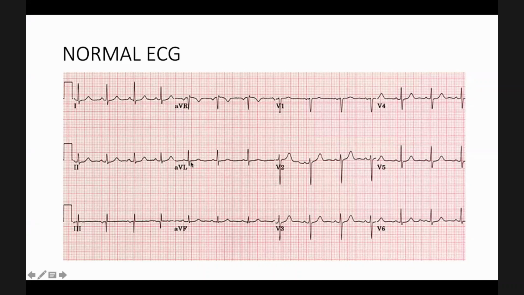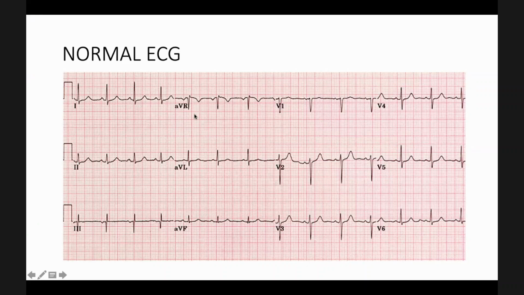In that situation you will see a positive deflection in AVR and a negative one in AVL. Sometimes people in the OPD send patients for admission because of this wrong limb lead placement. Because of these abnormal ECG findings, patients are getting admitted.